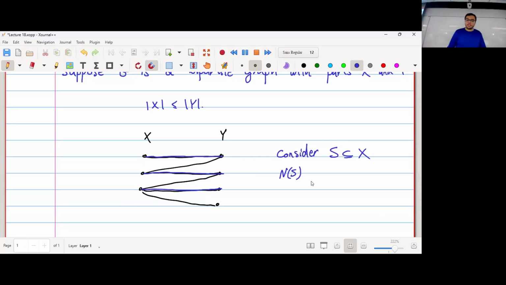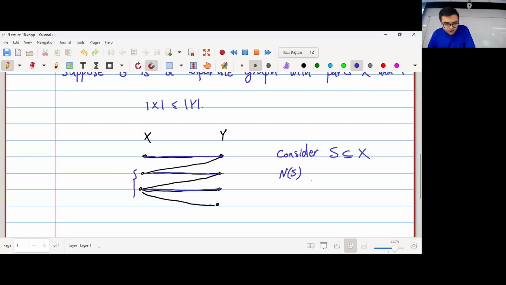S is a set of vertices, but I can still talk about the neighbors of these vertices. It's just the union of the neighbors of each of them. Right. So what happens if I look at the neighbors of any subset S?